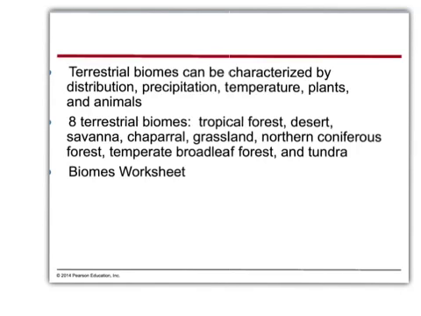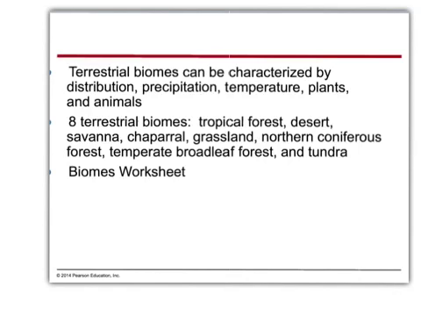You'll do that on your biomes worksheet. That will be the basis for your quiz on Monday. You have your terrestrial biome worksheet, and part of that will be your aquatic biomes worksheet as well.